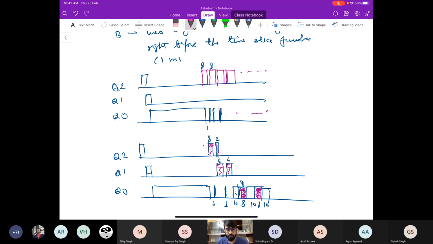Sir, if we make the time slice equal to the quota, then basically the CPU is overlooking the importance of interactive processes, right? No, it's not overlooking them, because if a process is interactive, then anyway it will not use its time slice or the quota.